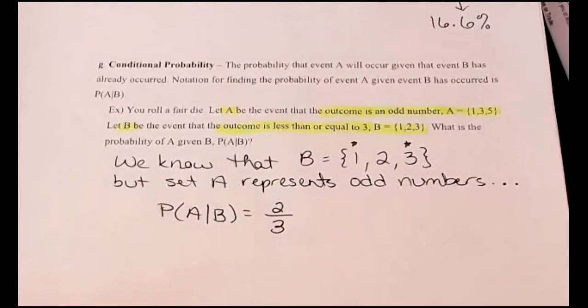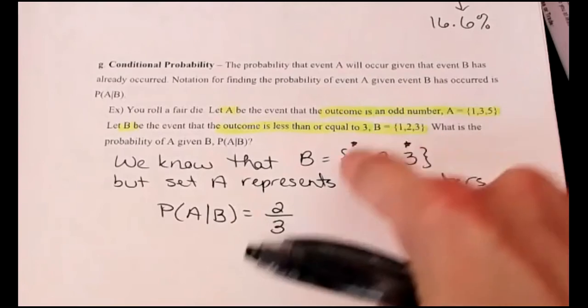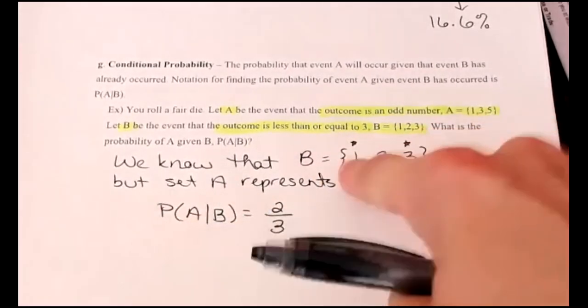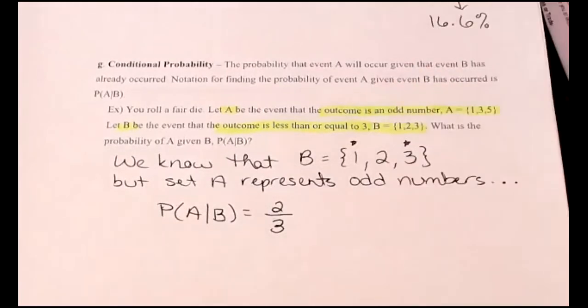If we're looking at set B, only 2 of those outcomes are odd. So the probability of A given B is going to be 2 out of the 3, because remember, it's a condensed set. We're saying that B has occurred. And that's the difference between the multiplication rule and conditional probability.